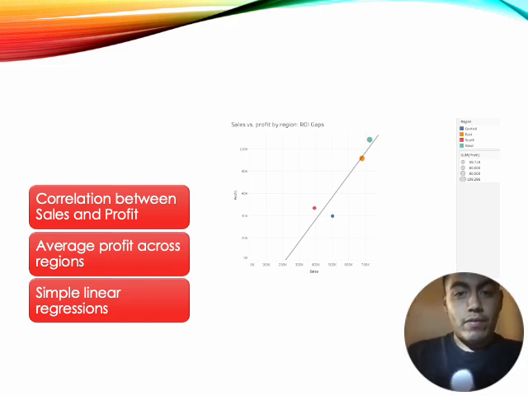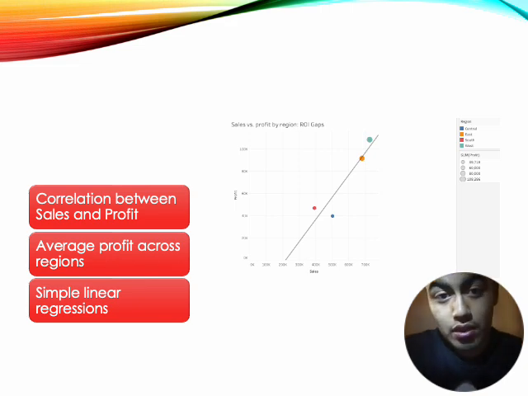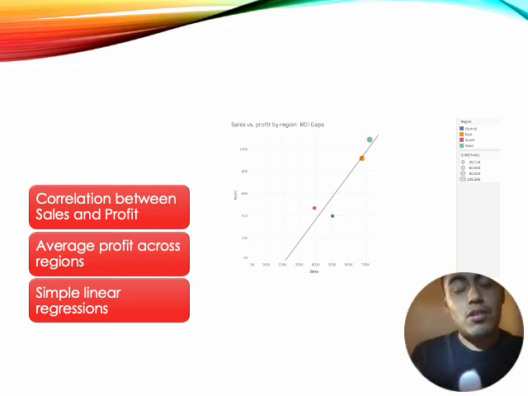The West region, which you can see on the top right, outperforms expectations with the highest sales and profit, sitting above the line and indicating a strong return on investment. The East also performs well, closely following the trend, in contrast to the South and the Central regions, which underperform, especially the Central one, because it has high sales but noticeably lower profit, falling below the trend line.